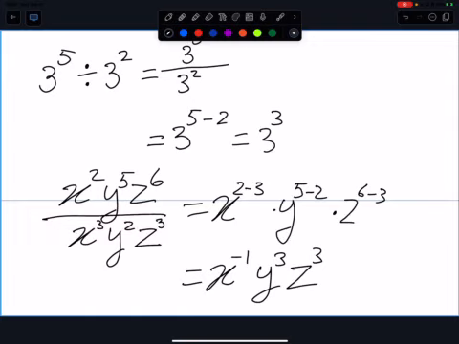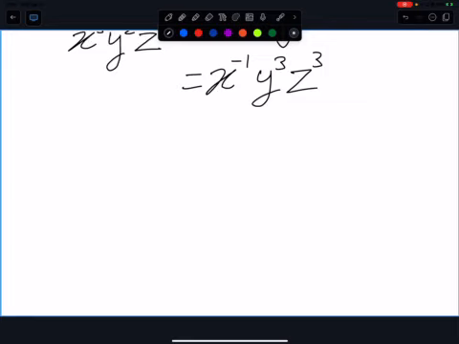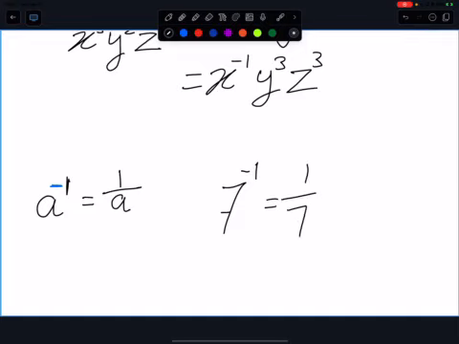But that's possible with a minus, and we're going to get there right now. Something to the power of minus a means 1 divided by a. That's what it means. So if you get 7 to the power of minus 1, that means 1 divided by 7.